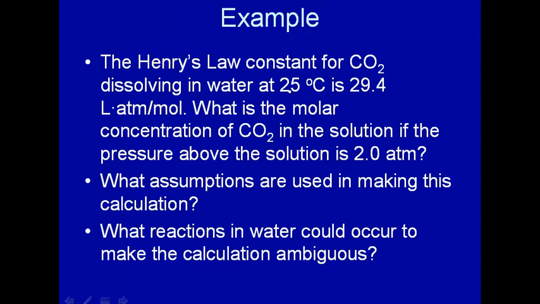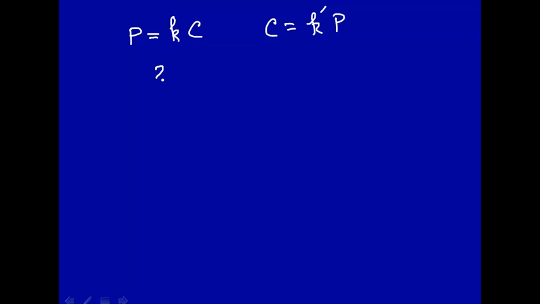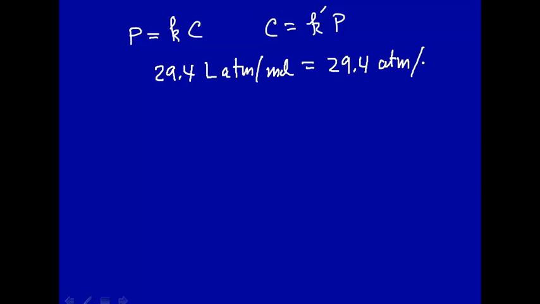Well, we look at here, this is 29.4 liter atmosphere per mole. And let's just write that as 29.4 atmosphere per mole per liter. All right, so this looks like you have to multiply by concentration to get pressure, so we're going to use this.